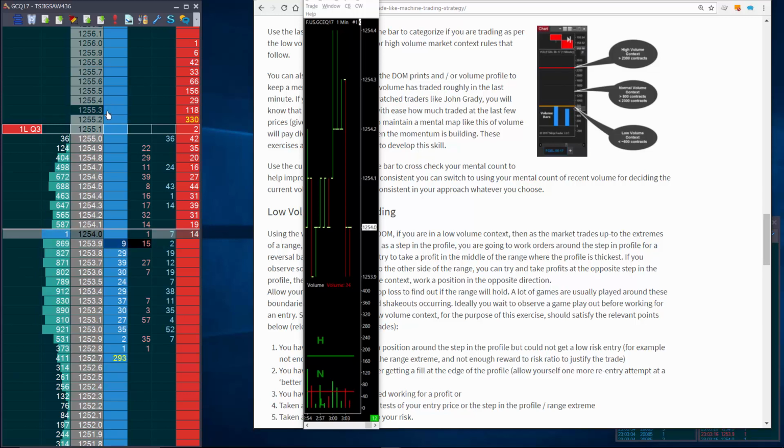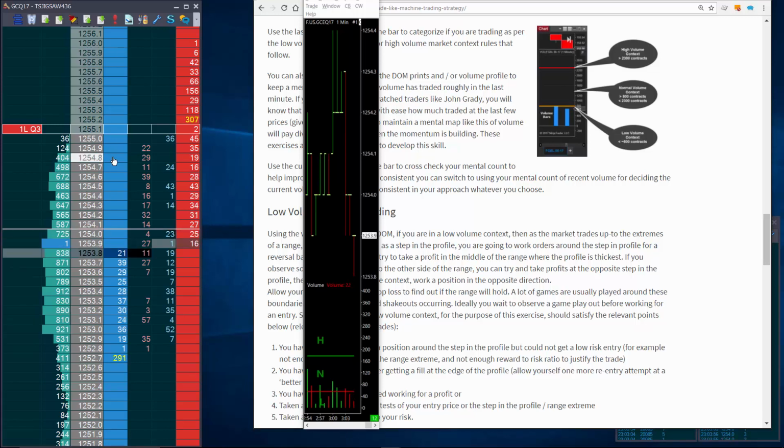If you can get out of the market with only a 1 or 2 tick loss, that is a successful trade. If you find that you're holding on and the market's then 5, 6, 10 ticks against you, you've definitely made a rookie error if you've been paying attention to these trading drills, which are all around short-term. I won't say scalping because there's different definitions of scalping, but just very short-term trading positions.